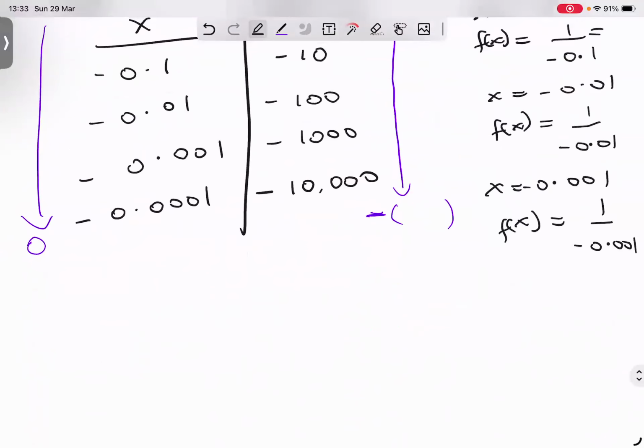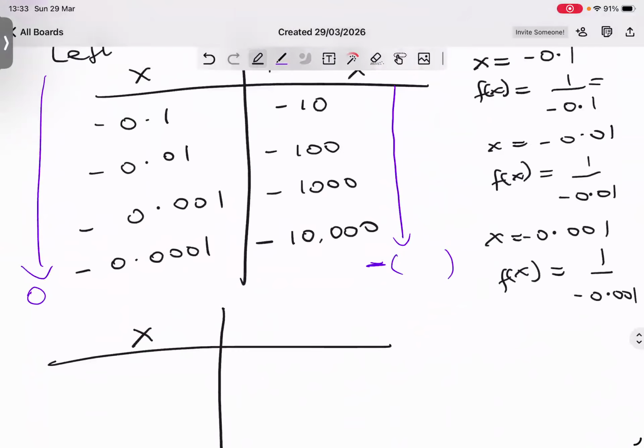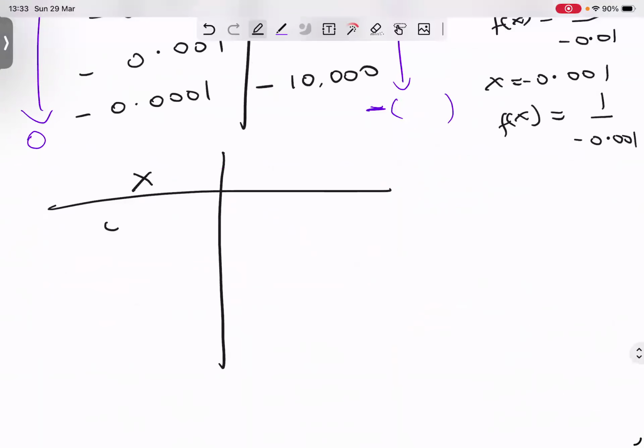function. All right, so from the right-hand side, some of the values of x that we picked were 0.1, 0.01, 0.001. Let's add the last one, 0.0001. And then our f of x is 1 over x.